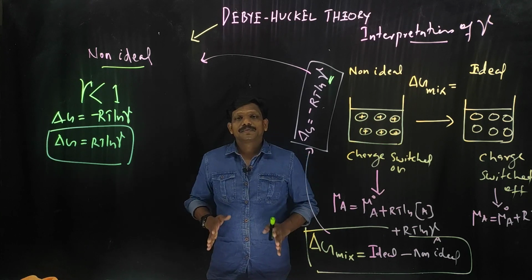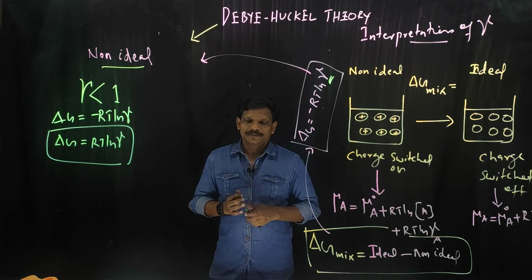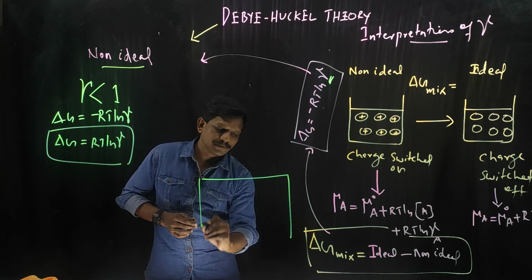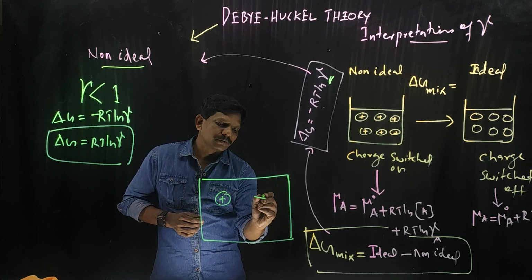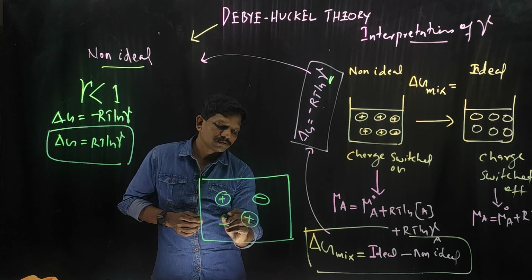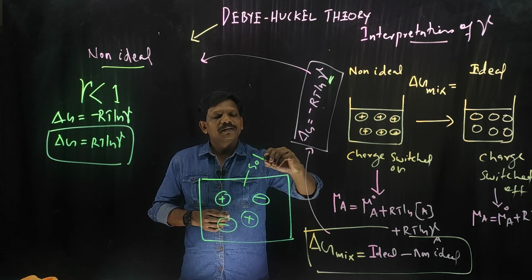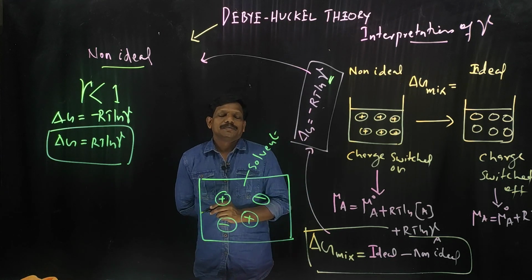What is the reason for destabilization of the non-ideal system? What is in this system? In the case of an electrolyte system, there will be positive ions and also negative ions, and there are other molecules called solvent molecules.